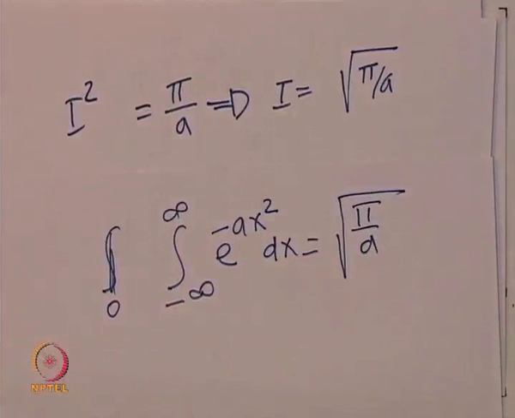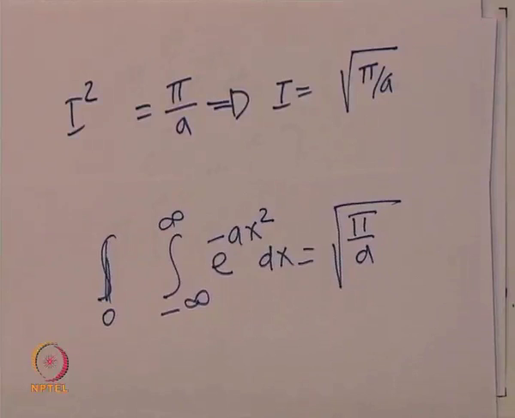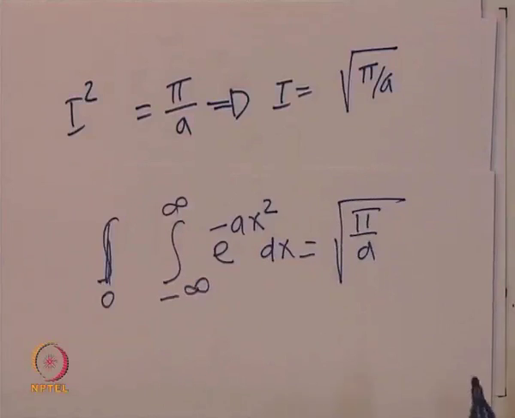This is a simple result to understand, but it is a very useful result many times in statistics and many other contexts, the integral of a Gaussian function. So, this will come on many occasions.